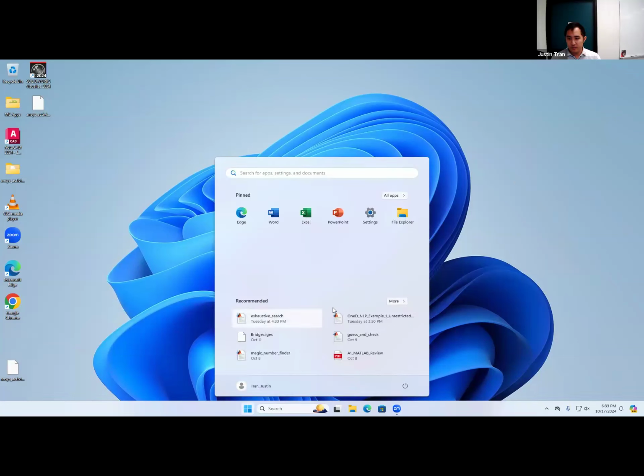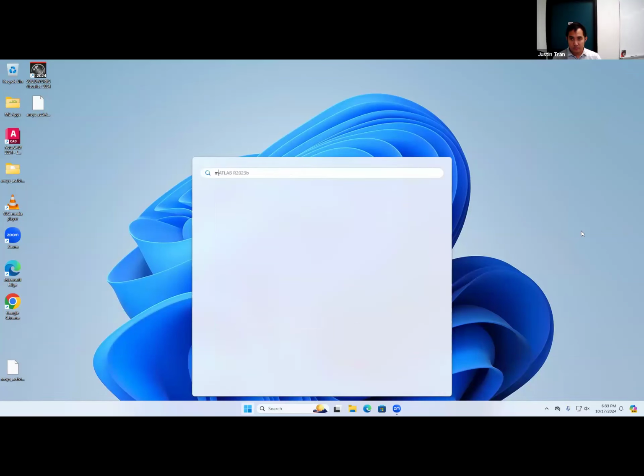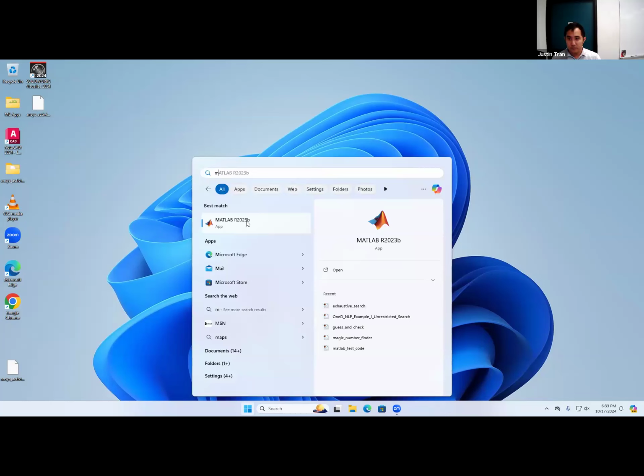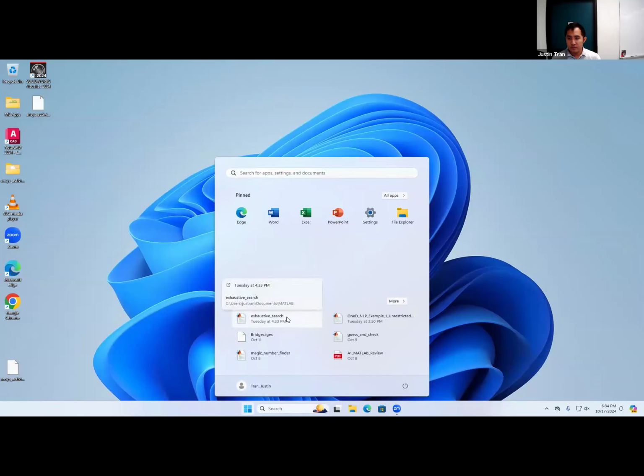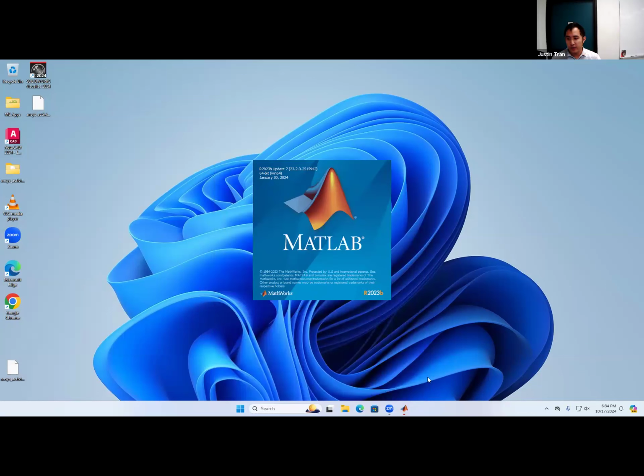Oh, I hit it right. There we go. Okay. Sorry about that. I probably just opened 2 instances of MATLAB, so now the computer's gonna hate me more.